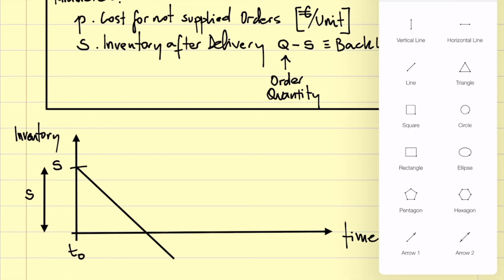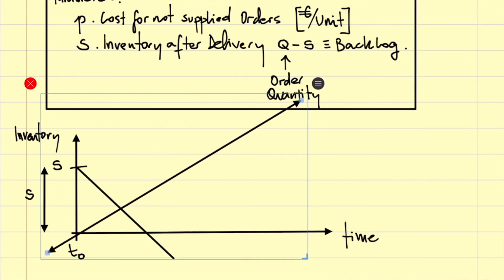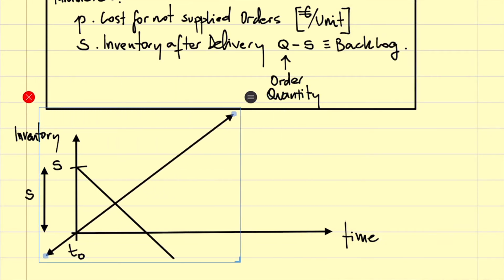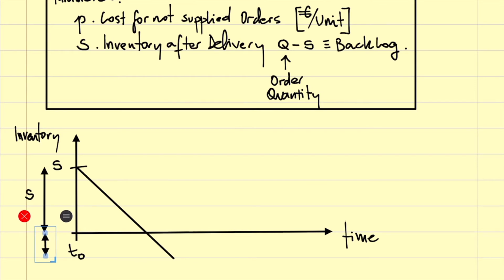This is the amount of inventory that you can go below, the number of open customer orders, open Bestellungen. So this is T1 and this is T2.